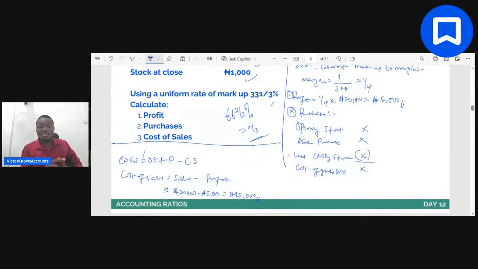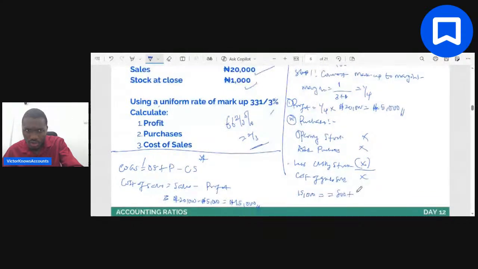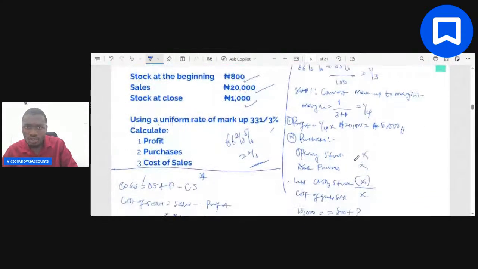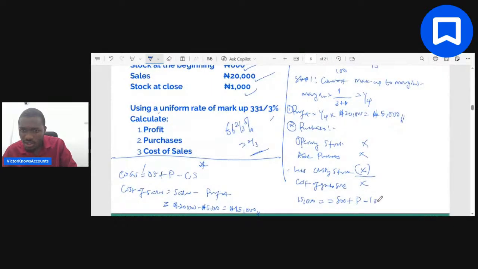Do we understand that? So if your cost of sales is 15,000 naira, then your purchases. We are now going back to this format. You have 15,000 naira, that's cost of sales, equals opening stock. How much is opening stock? Plus purchases, we don't know it yet, P, minus closing stock, 1,000 naira.